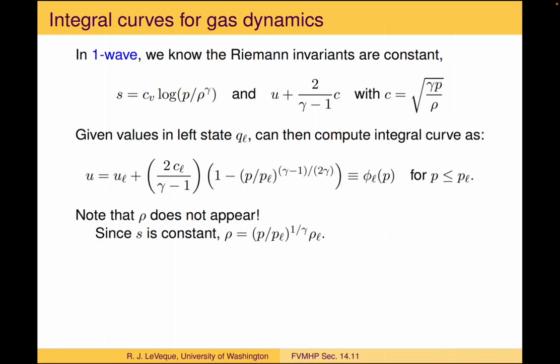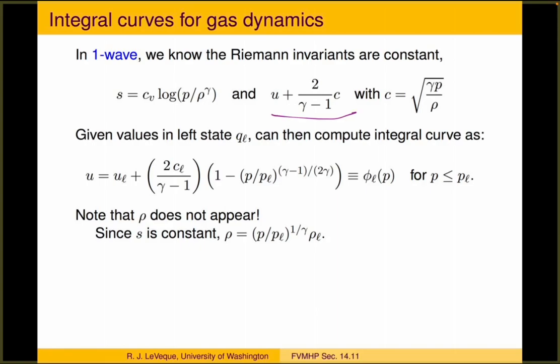Also using the fact that this other quantity, u plus 2 over gamma minus 1 times c, where c is the square root of gamma p over rho, is constant, and replacing rho by this expression so that we can also write this as a function of p alone, we end up with this expression for how u varies as a function of p along this integral curve.